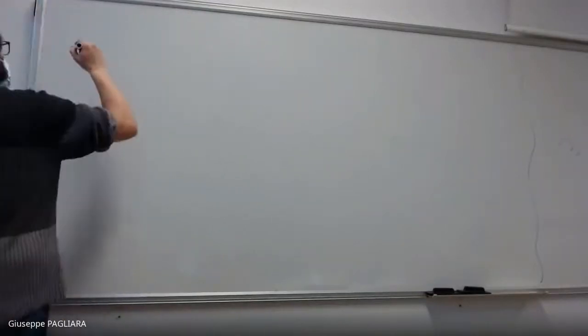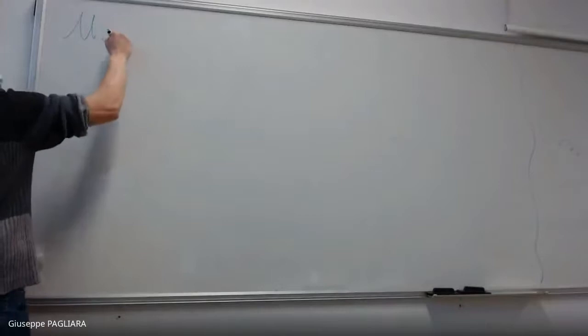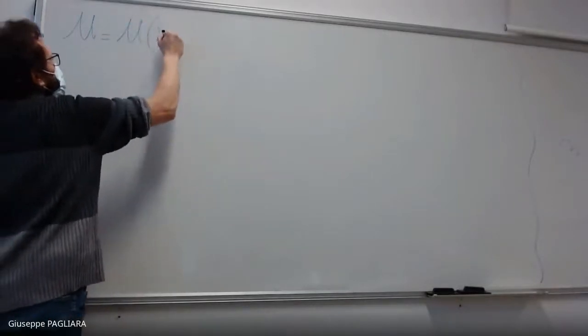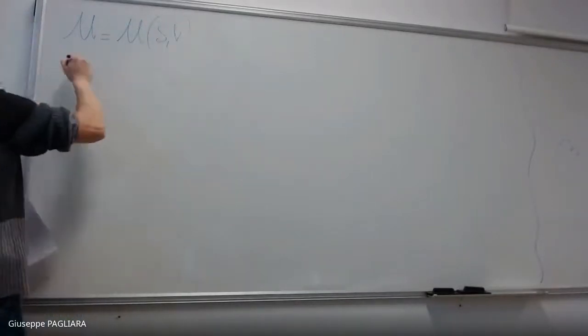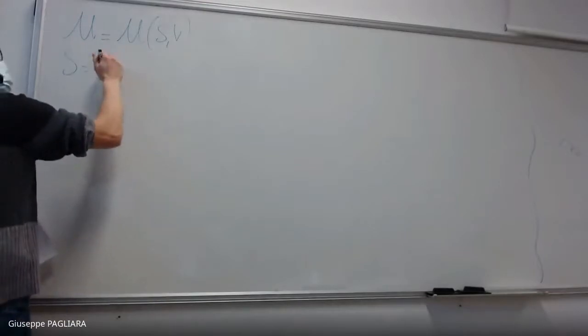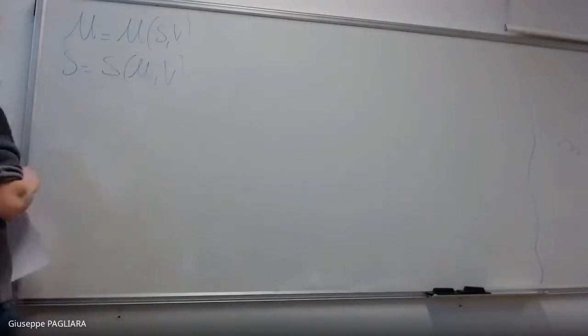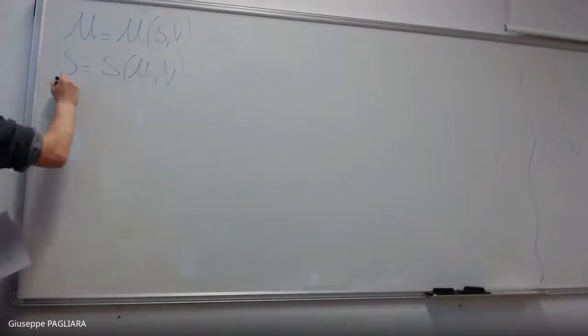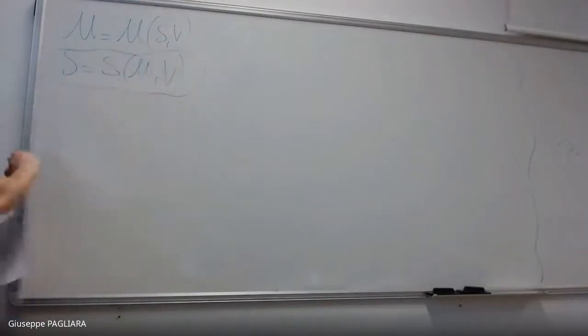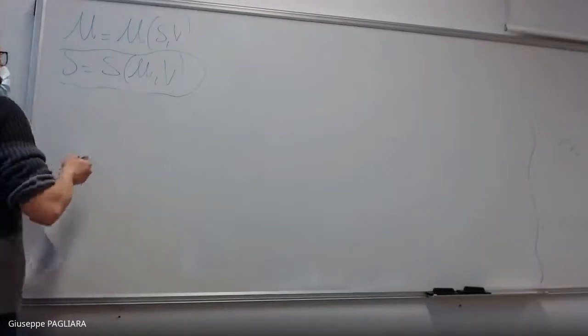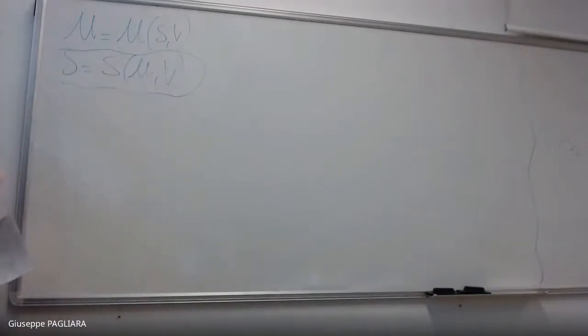And we said before that U is a function of entropy and volume. And therefore, if you want, also S is a function of U and V. So this was the right quantity that must be maximized for the second principle of thermodynamics at fixed volume and fixed internal energy, which means no exchange with the environment.